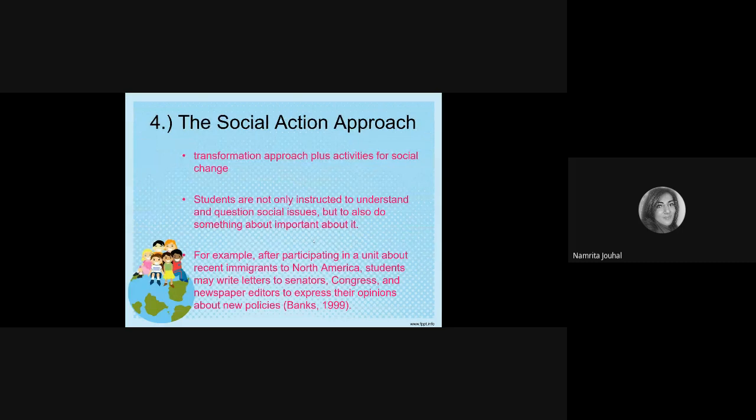The social action approach is the transformation approach plus activities for social change. So students are given instructions on what to do. For example, after participating in a unit about recent immigrants to North America, students may write letters to senators, Congress, and newspaper editors to express their opinion about new policies.